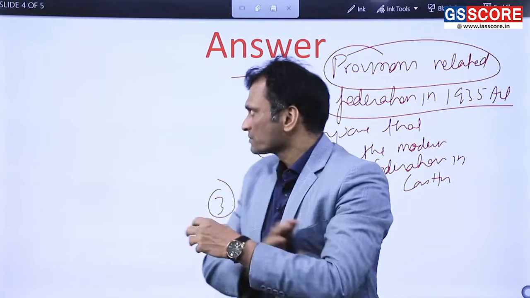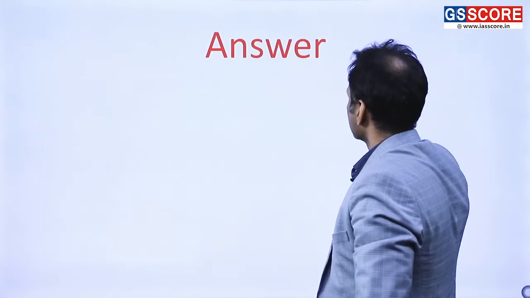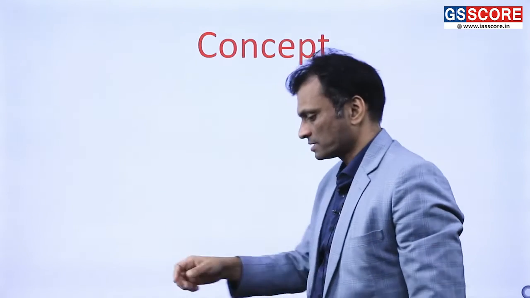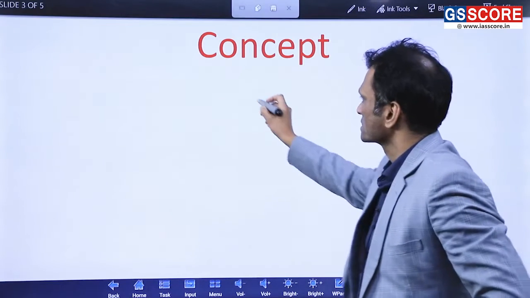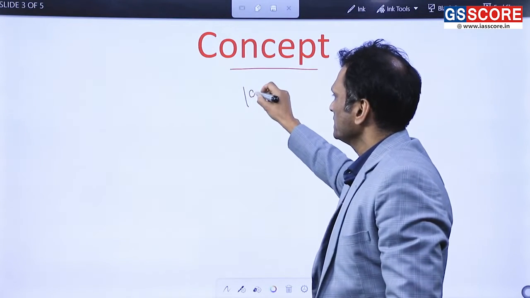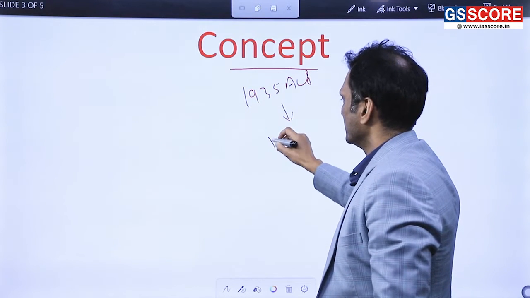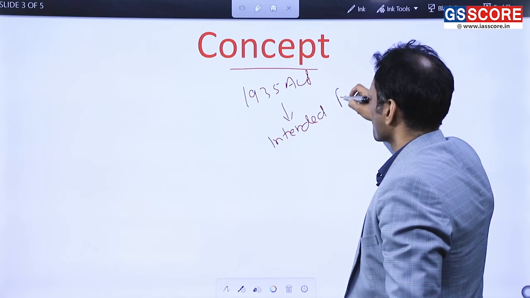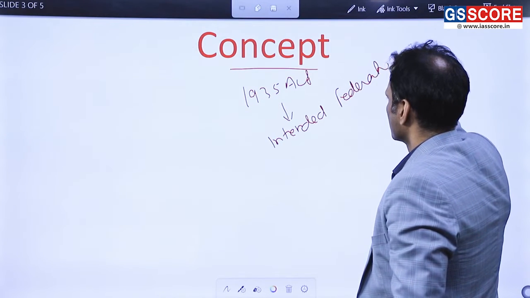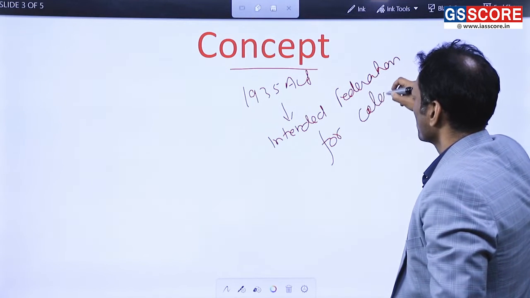So with this, let's go again to the concept. And here, the concept is that the 1935 Act intended federation from a colonial perspective.